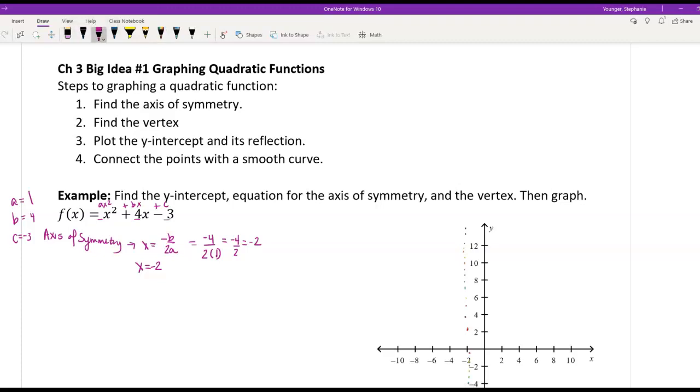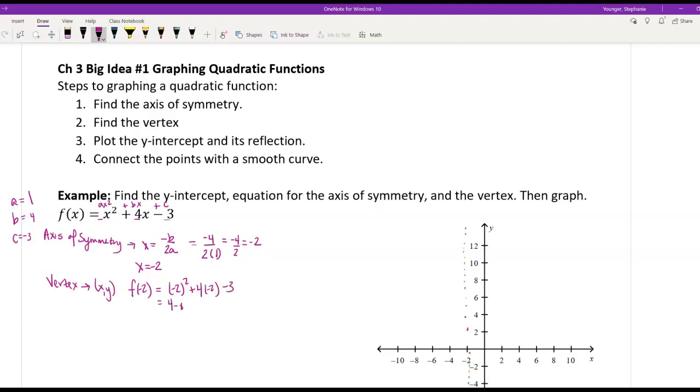All right, so now we have to find the vertex. The vertex is a point x, y. Well, we know x is already negative 2. To find y, we do f of negative 2. So we have negative 2 squared plus 4 times negative 2 minus 3.